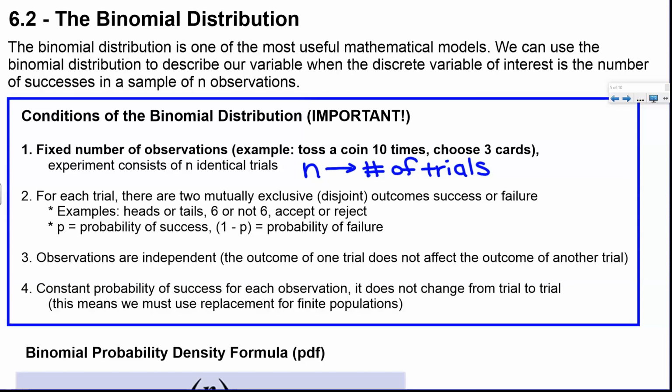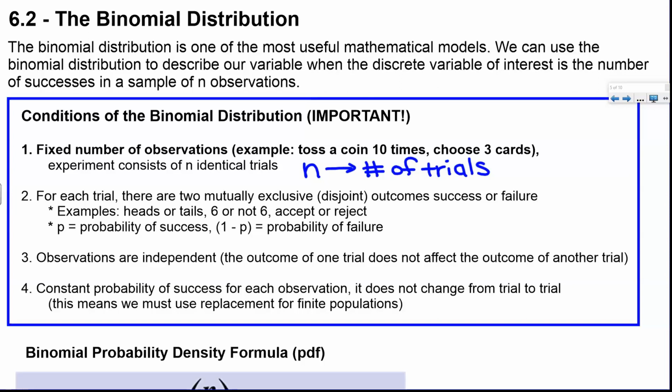Success or failure. 6 or not 6 when we're rolling a die. So in that case, we would say a success here is a 6, and then a failure would be everything else. So 1, 2, 3, 4, and 5 would all be failures. So it doesn't have to be just one thing in each. It's just that everything should be able to fall into the success category or the failure category.